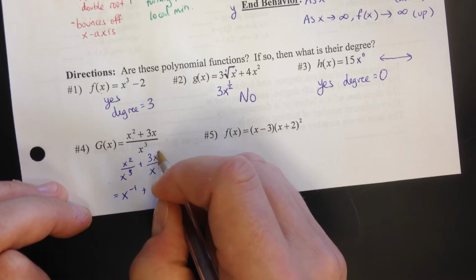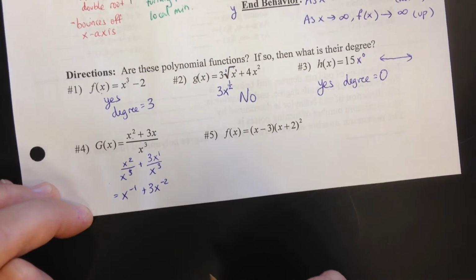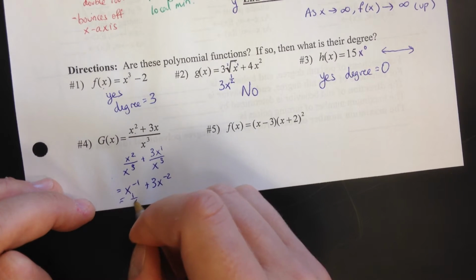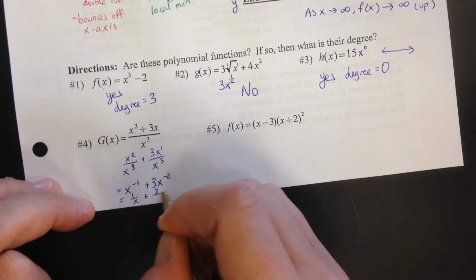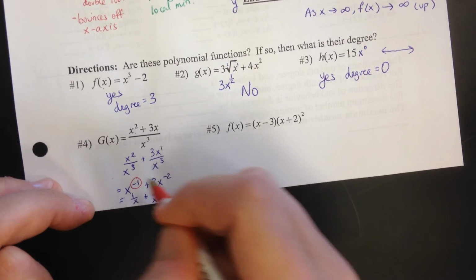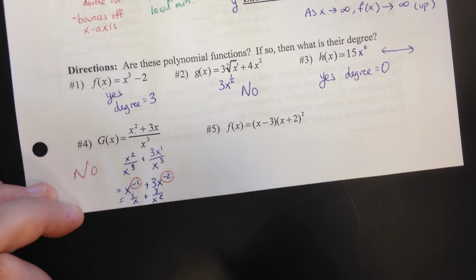And then this would be 1 minus 3 is negative 2. That's 3x to the negative 2. Now normally we wouldn't leave it like that. X to the negative 1, we would write that as 1 over x. And this would be 3 over x squared. But notice that your exponents are negative. That does not fit the definition of a polynomial function, so that's a no.